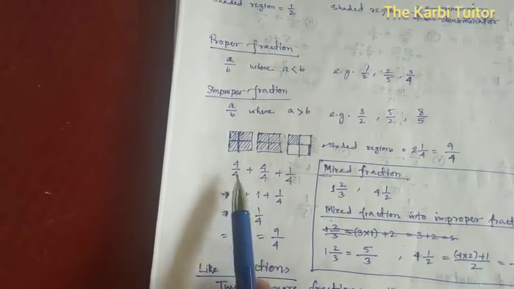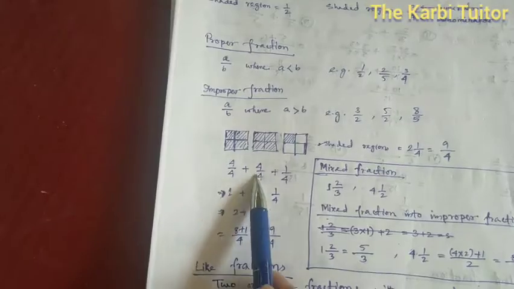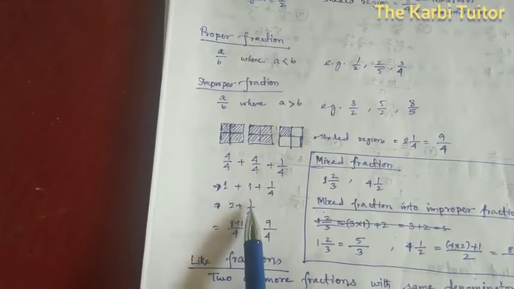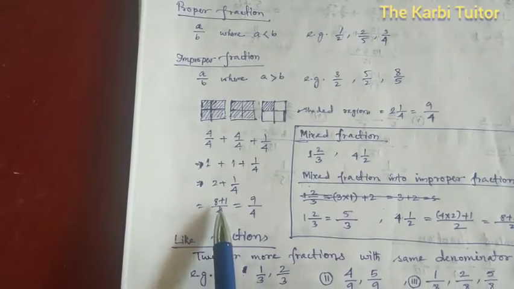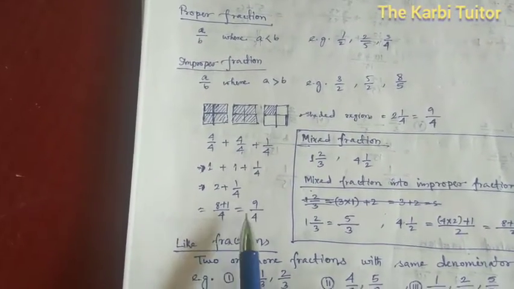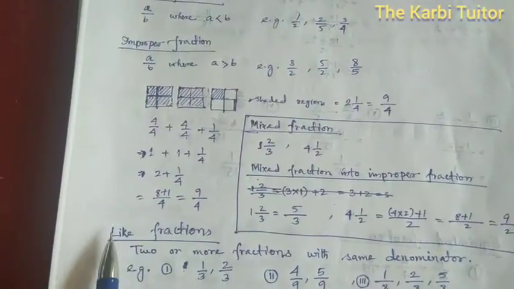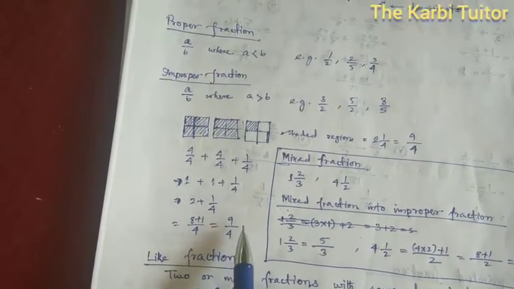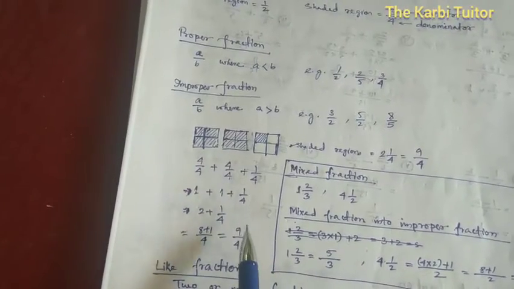So 1 plus 1, that means 4 divided by 4 is 1, plus 1 by 4. 1 plus 1 is 2, plus 1 by 4. Then 8 plus 1 by 4, 9 by 4. So 9 by 4 is an improper fraction. This is the representation of an improper fraction.